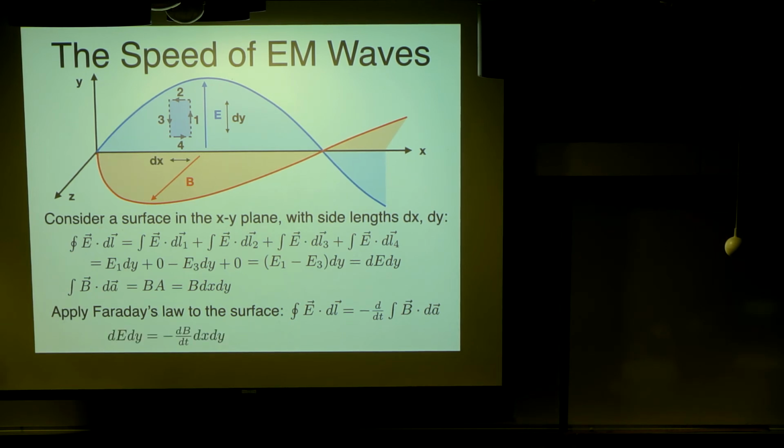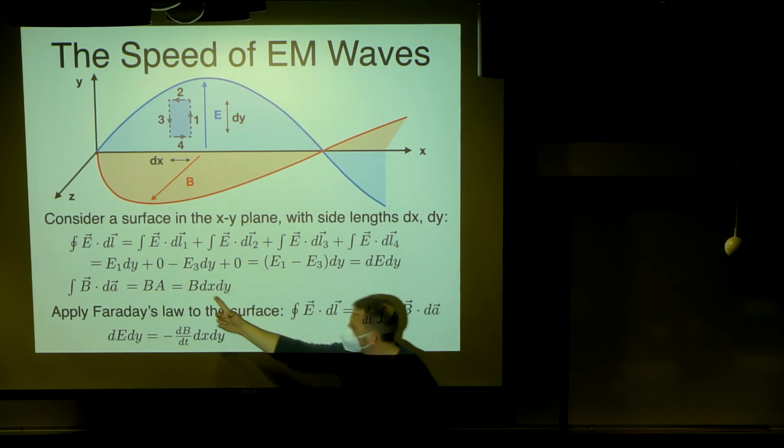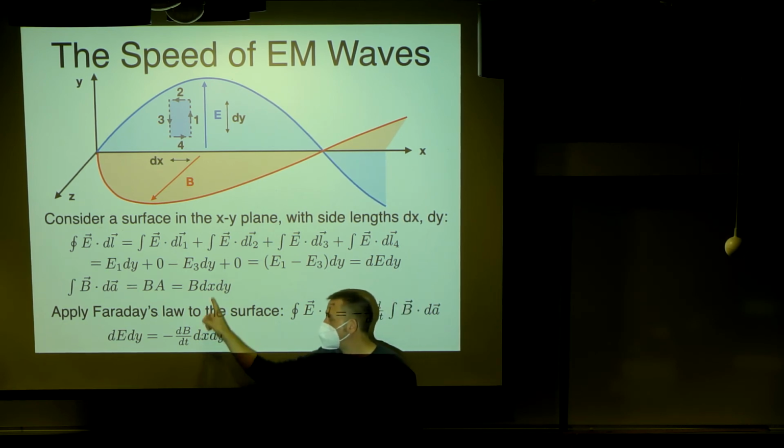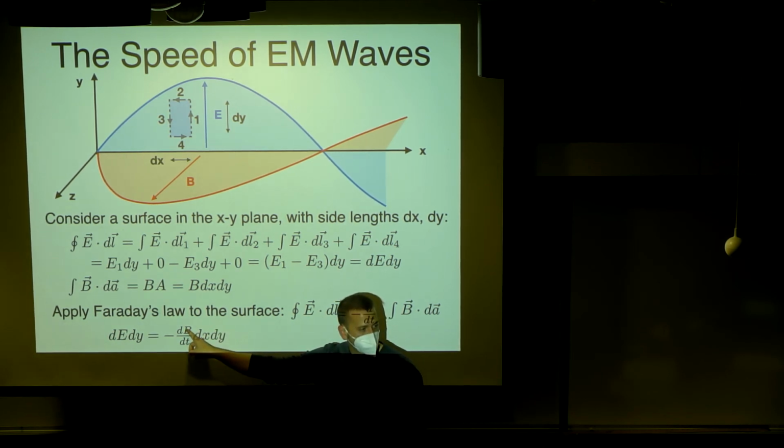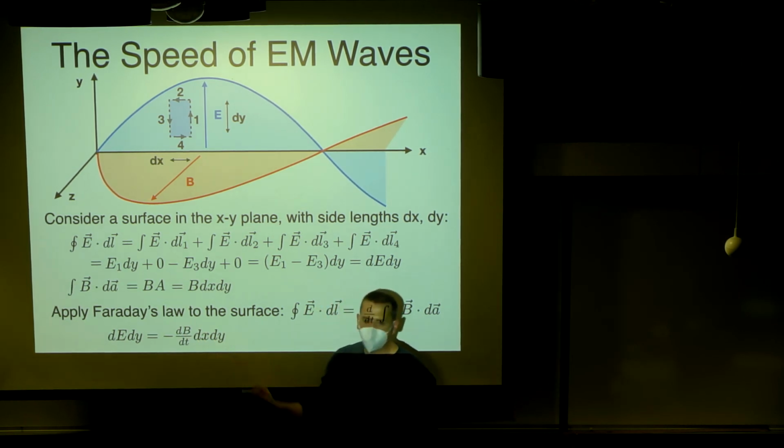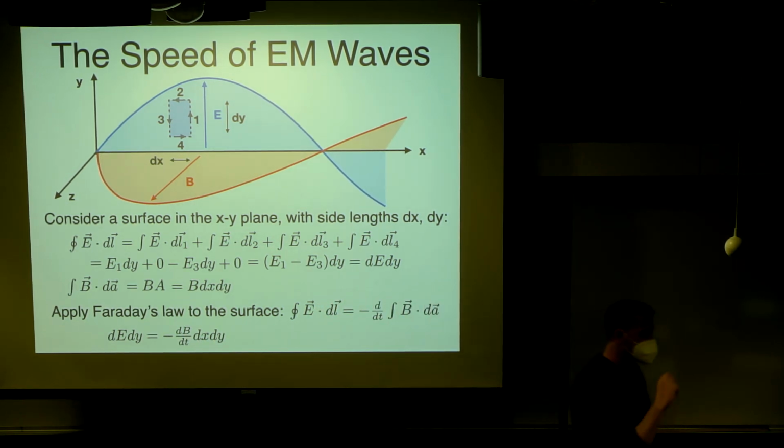So here's what we have. The E dot dl part is dE times dy. And then the B dot dA part is B times dx times dy. And I'm taking the derivative of this thing. Well, dx and dy are not what's changing. It's B that's changing. Okay, so we have minus dB/dt times dx times dy. How can I simplify that?